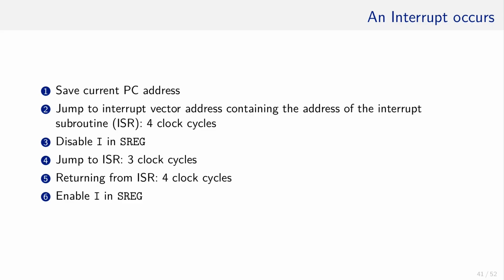After figuring out the address of the ISR, the CPU jumps to the address of the first instruction, taking 3 clock cycles. Generally, this is an unconditional jump instruction that we have seen at the beginning of this chapter. After the ISR is served, RETI is executed.